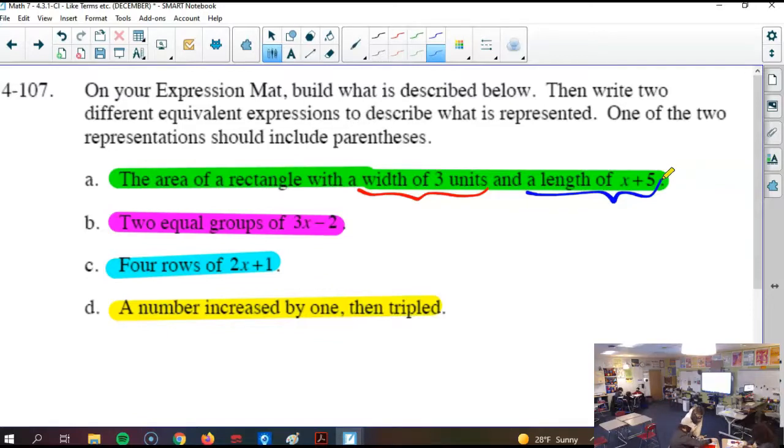Oh, we gotta write one with parentheses. Sure.